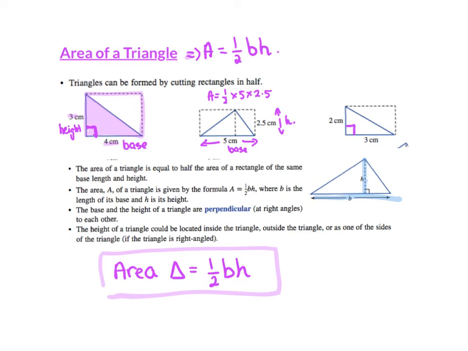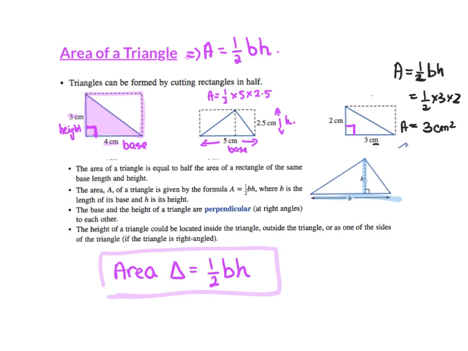So if we go and just do the area of these couple of examples we've got on the page, I'm going to write the formula, 1/2 base times height. So area equals 1/2 base times height, which is 1/2 times 3 times 2, which ends up equaling 3, and because it's centimeters squared, there's the area.